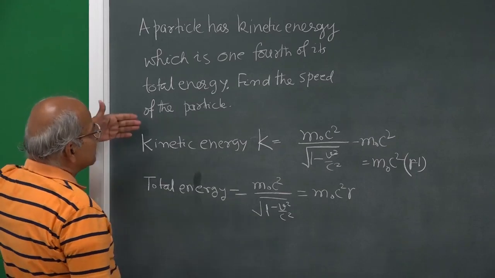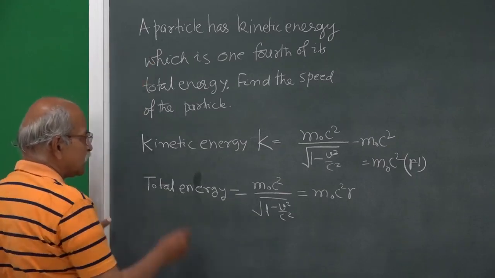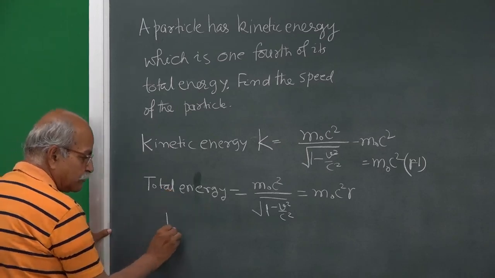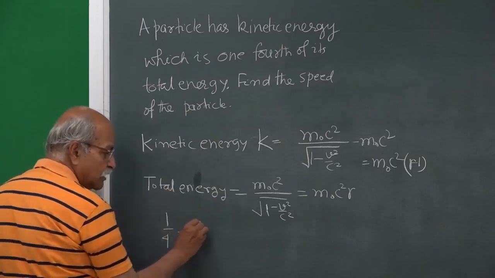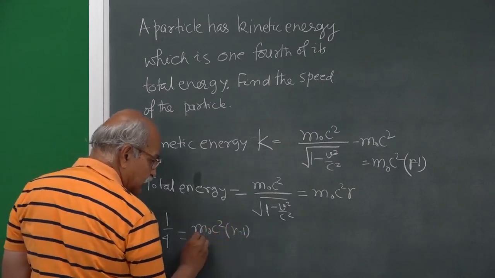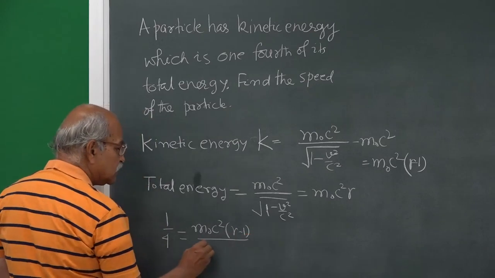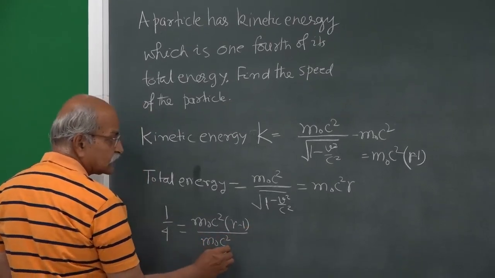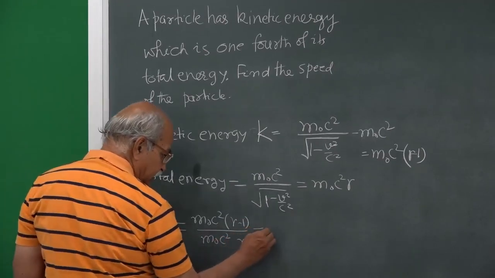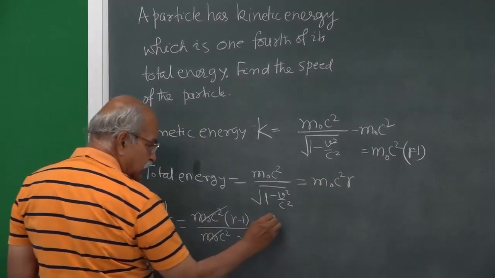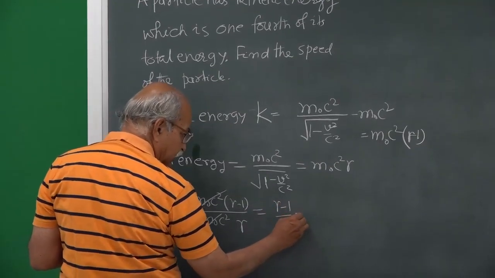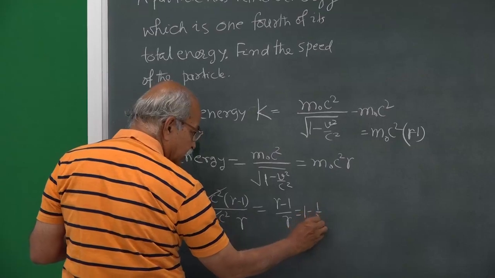So, this divided by this should be 1/4, and hence 1/4 should be equal to m0 c square into gamma minus 1, divided by m0 c square and gamma. So, this cancels out, gamma minus 1 divided by gamma, that is 1 minus 1 by gamma.